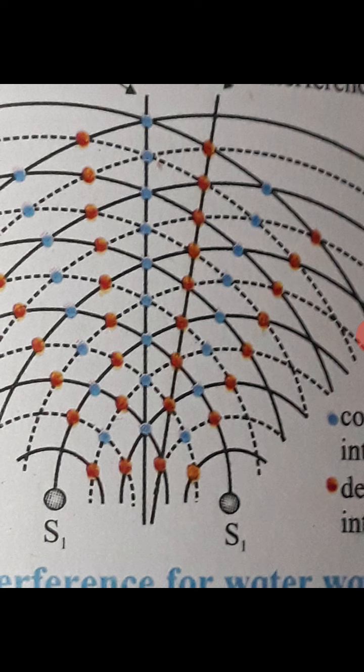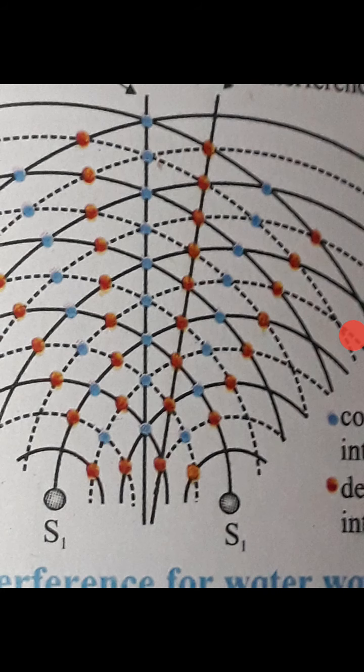The same nature can be observed in the case of light also. Young was the first scientist who observed that light can also show this interference pattern, and that is why it is clear from this experiment that light shows wave nature.